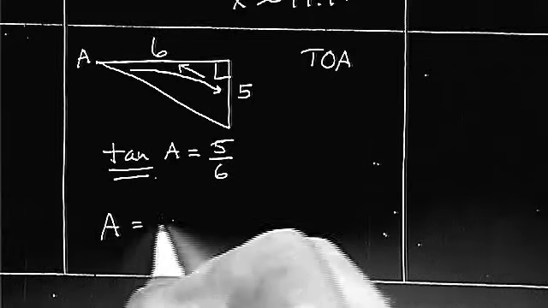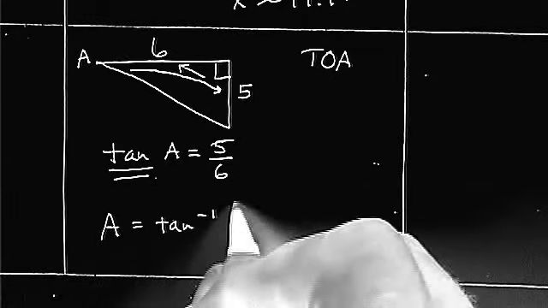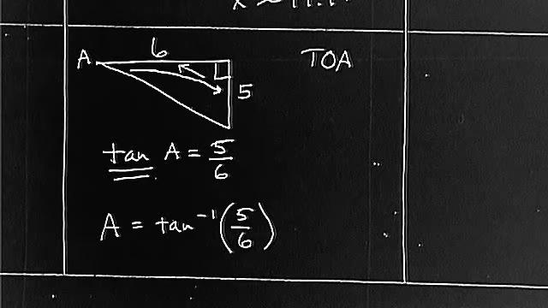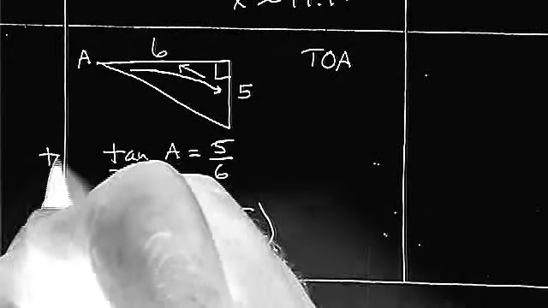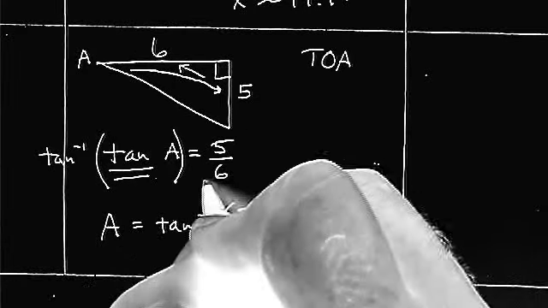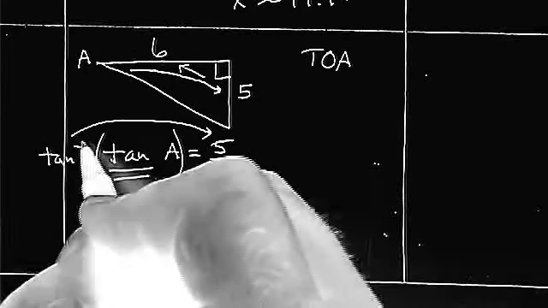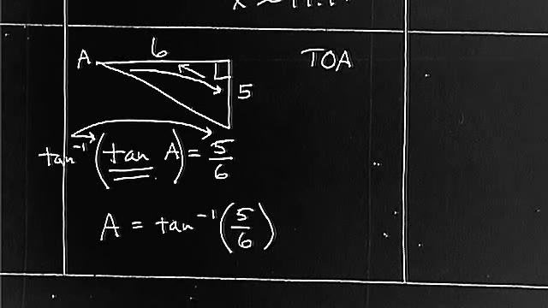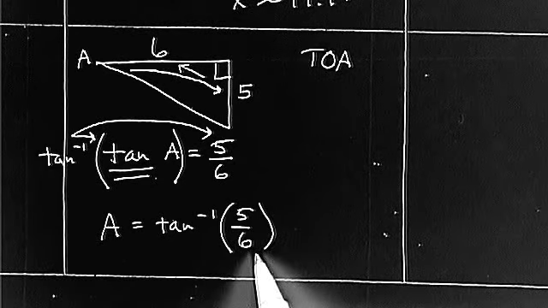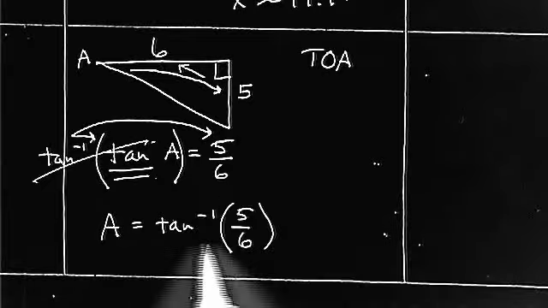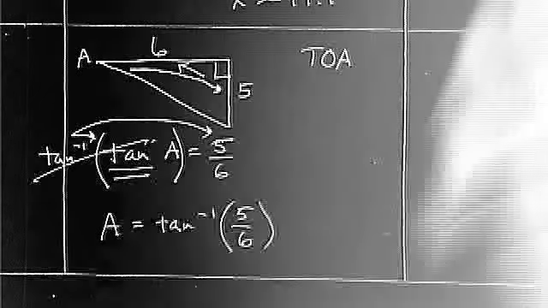So angle A is going to be tangent inverse of 5 over 6. What we really did was we took the tangent inverse of this side, and we did the same thing to the other side. We did it to both sides, and in so doing, we can see that these would cancel out on this side and leave me with tangent inverse 5 over 6 on the other side.